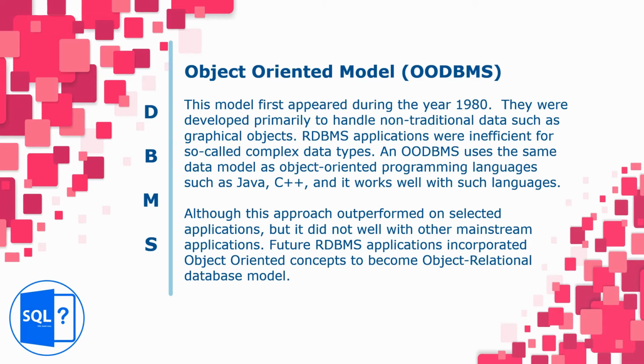An object-oriented database management system uses the same data model as object-oriented programming languages such as Java or C++, and it works well with such languages. Although this approach outperformed on selected applications, it did not do well with other mainstream applications. Future RDBMS applications incorporated object-oriented concepts to become the Object Relational Database Model.